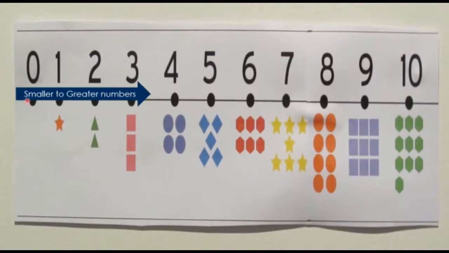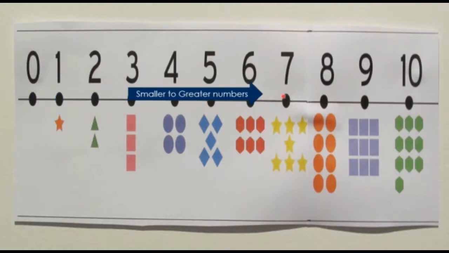See here, all of you, here are the numbers 0 to 10, and below the numbers the shapes increase in forward counting. Smaller to greater.